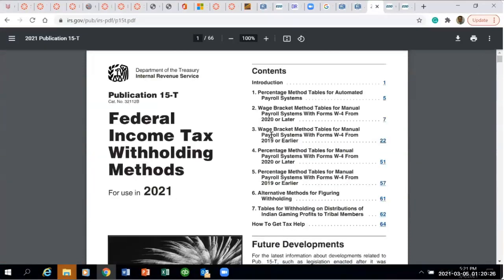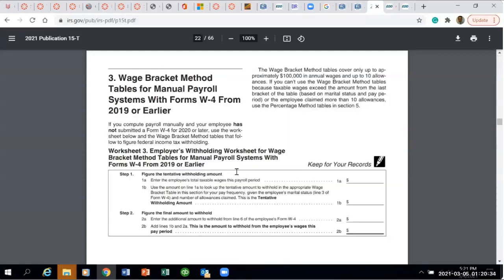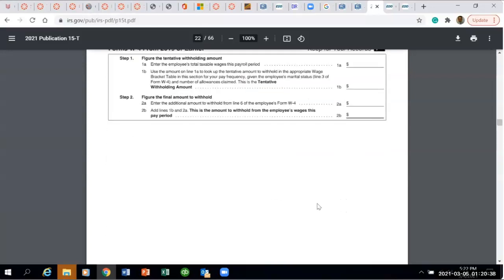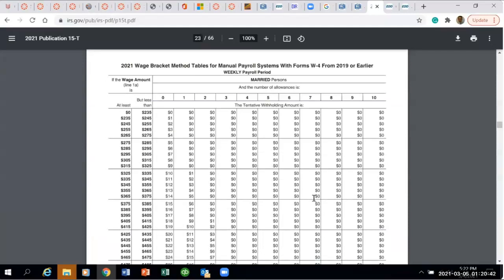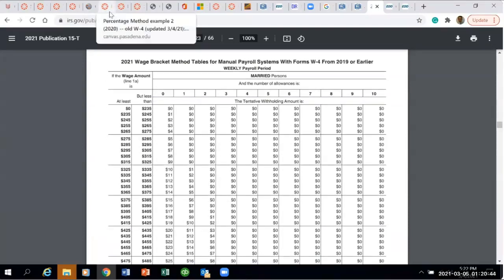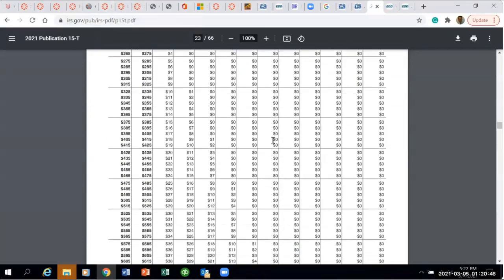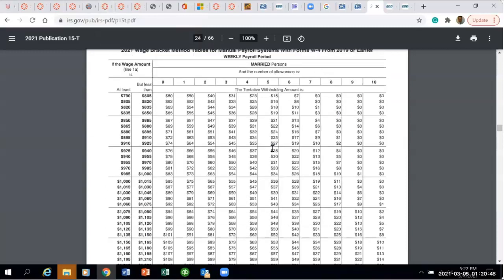So old W-4 here, page 22. You go to the old W-4 tables and work through this. The table is semi-monthly, yes, semi-monthly.